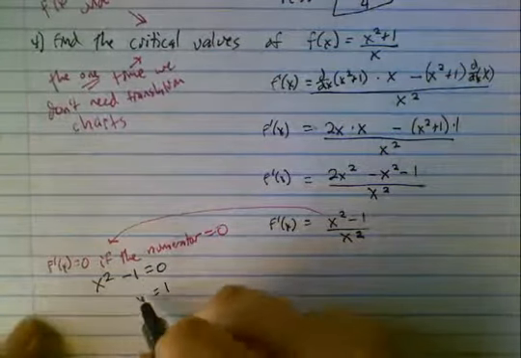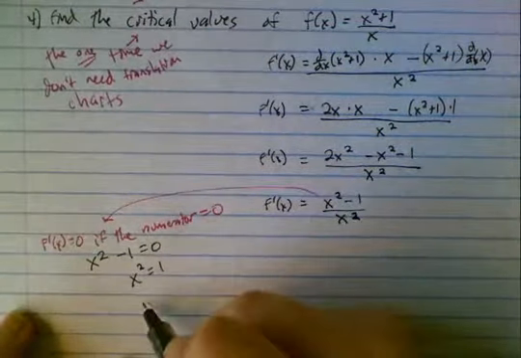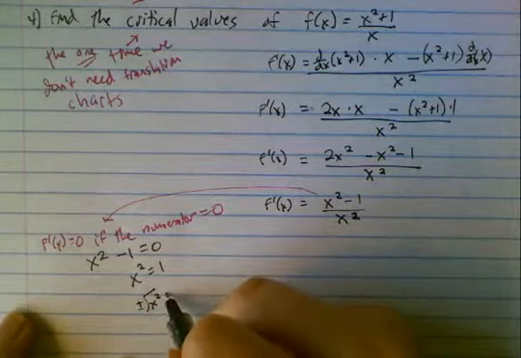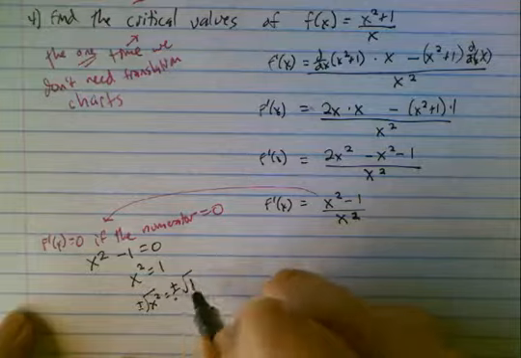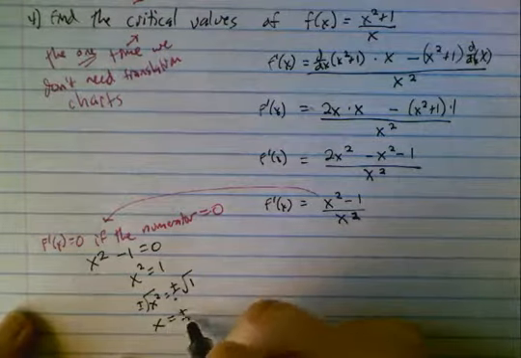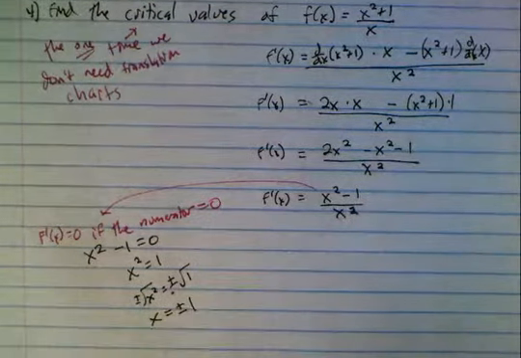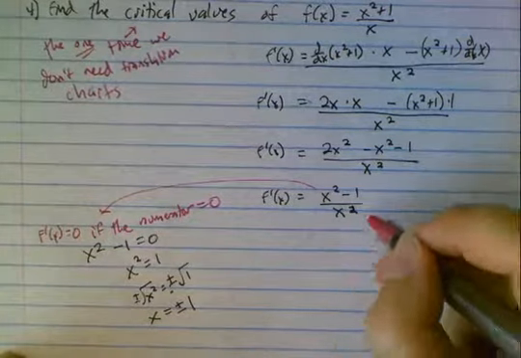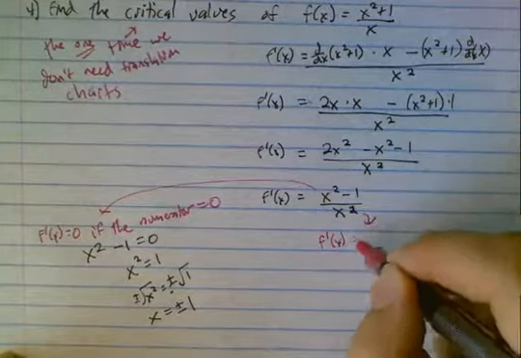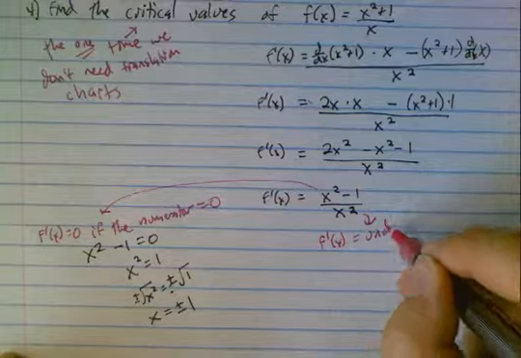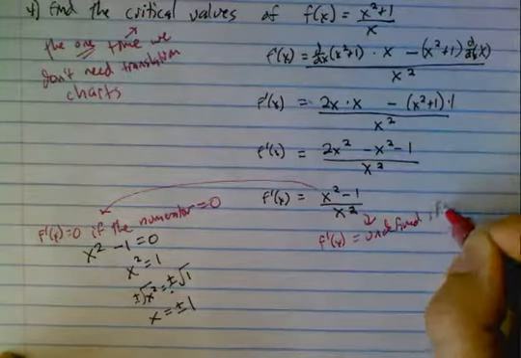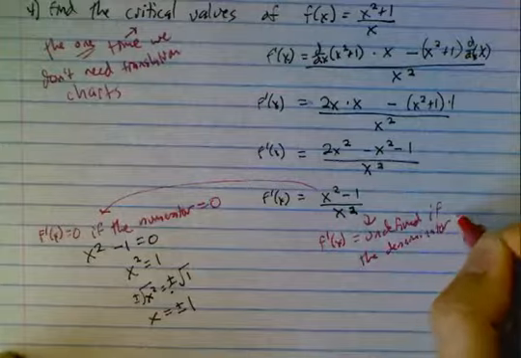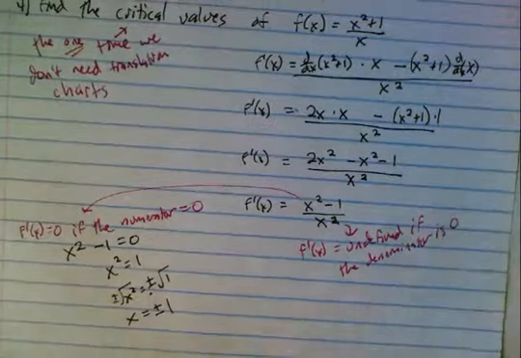Add 1 to both sides. Take plus or minus the square root of both sides. You could also have done this by factoring. That works just as well. F prime of x equals undefined if the denominator is 0.